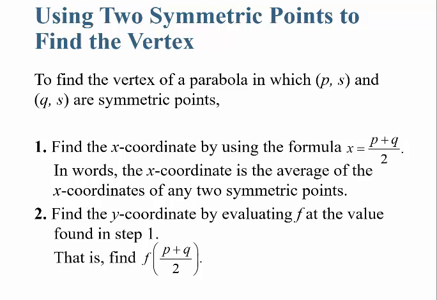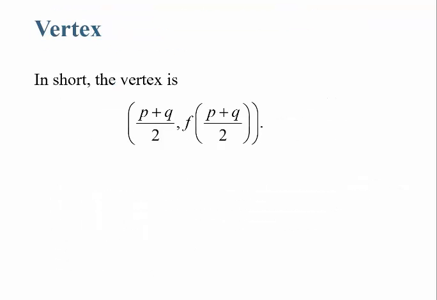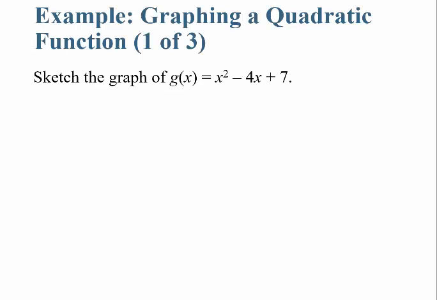Then you find the y coordinate by evaluating the function at the value you found in step 1. So you plug that value into your function, and that is the y value of the vertex. In short, the x value is (p plus q) divided by 2, and the y value is what you get when you plug that value into the function.